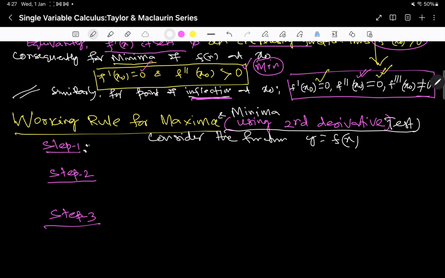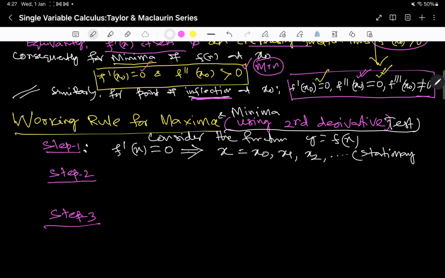At step 1, you find the first derivative and equate it to 0, and if you simplify it, it will give you the values of x as x0, x1, x2, like this. These are called the stationary points.